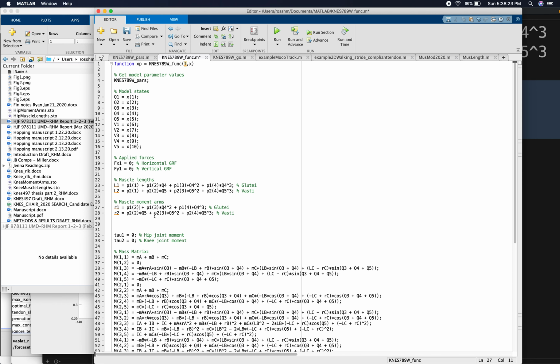This one will just be P2. And then on each term here we lose an order. And don't forget to stick a negative sign on those.